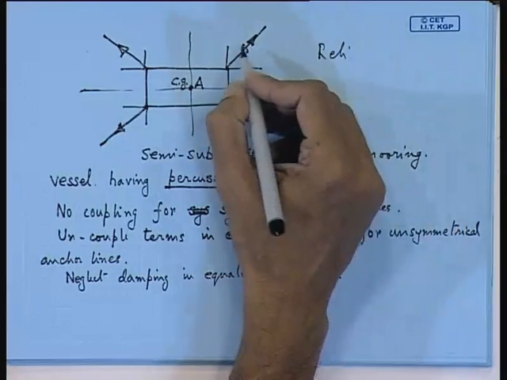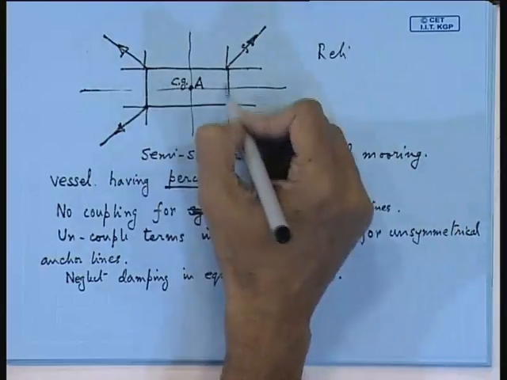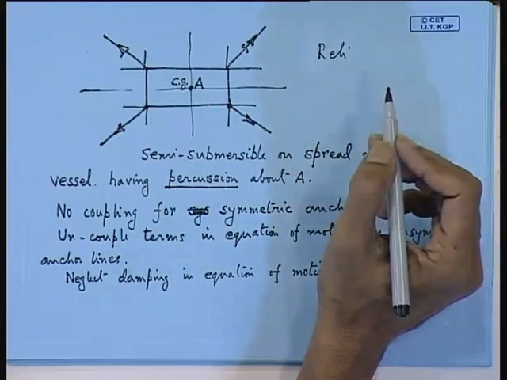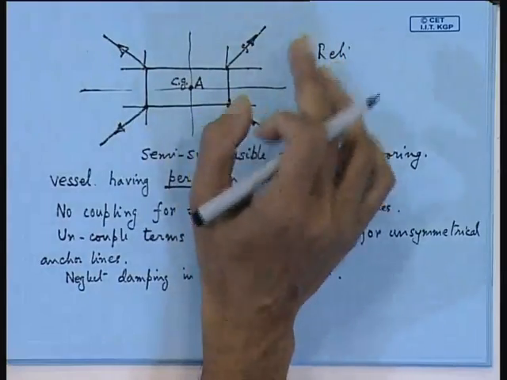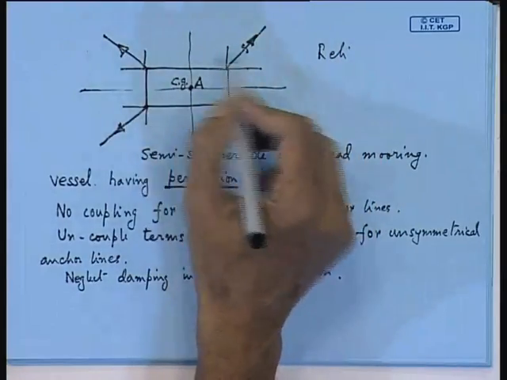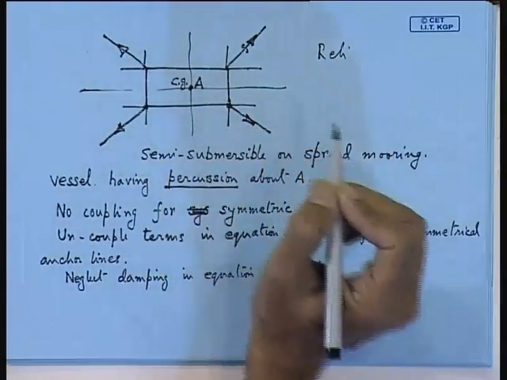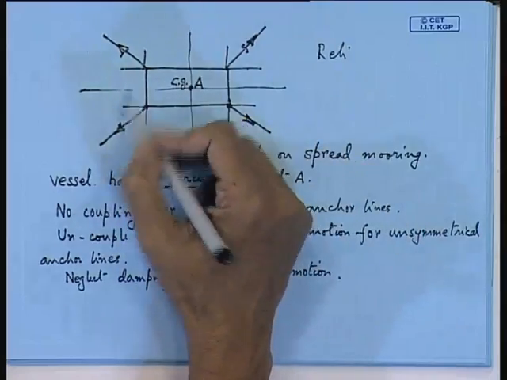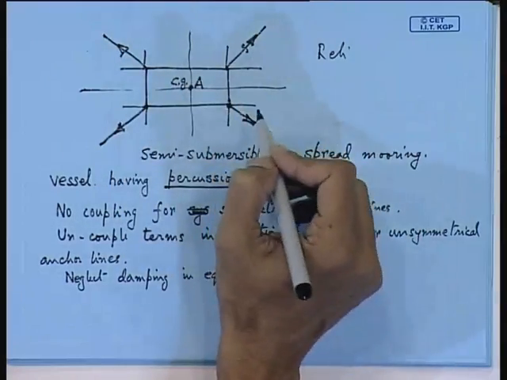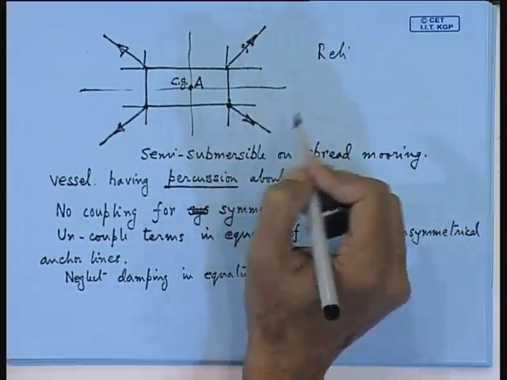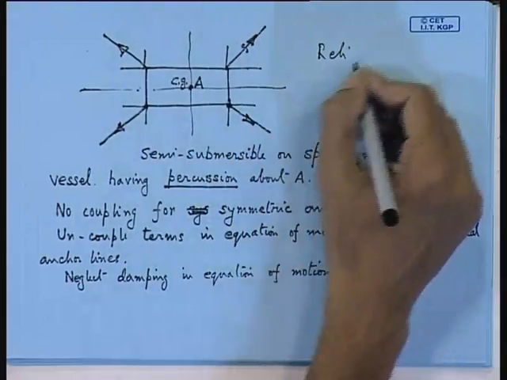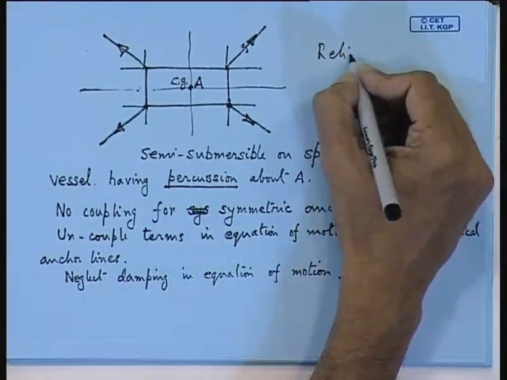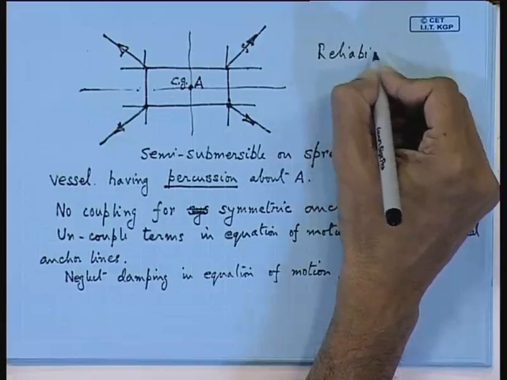So how many anchor line snaps can the vessel sustain? Because your environmental forces will be there, you have to redistribute the environmental forces on the remaining lines and find out the maximum tension. That is the procedure normally followed with anchor line snap. Reliability of lines.